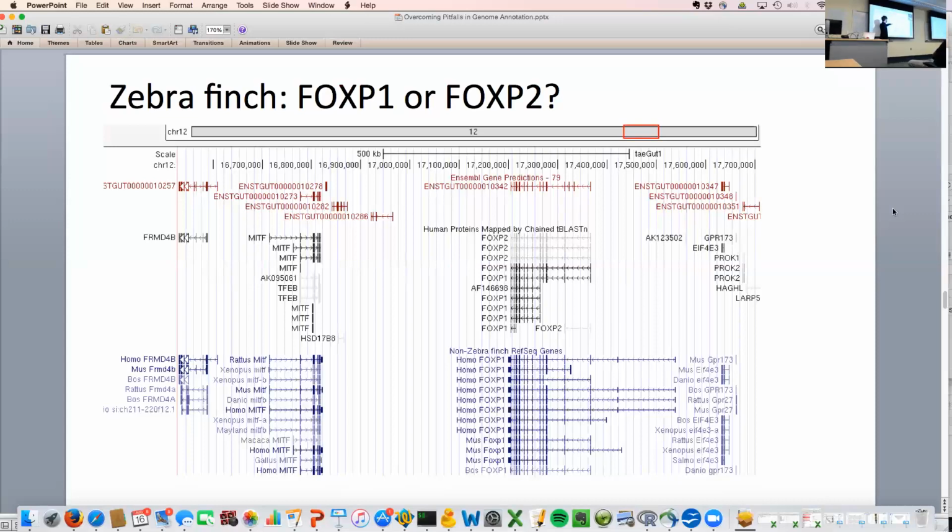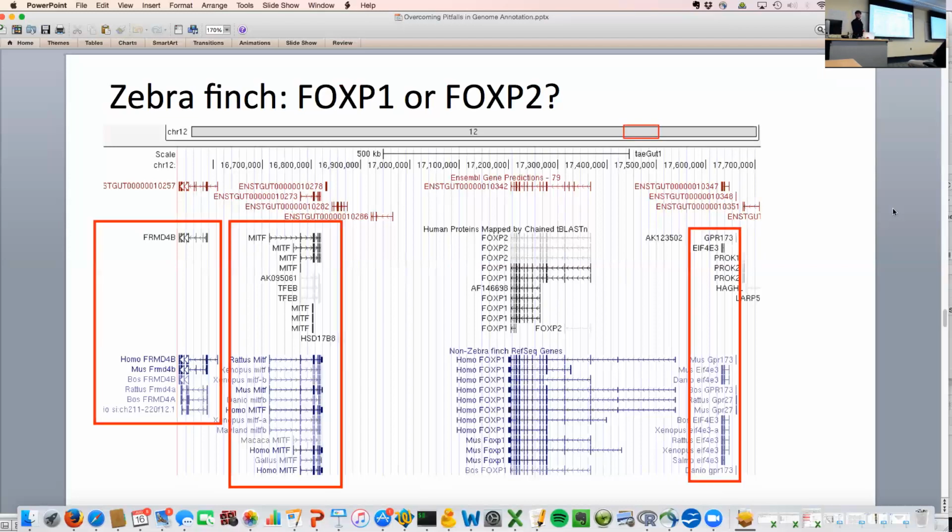And so what you'll see here is based on these different methods, some of them are telling you it's FOXP2. Some of them are telling you it's FOXP1. So which one do you believe? And you'll see this a lot, where you're going to get different calls from different methods. And so synteny is basically looking at the neighbors, looking at the local gene order to try to figure out what gene it is.